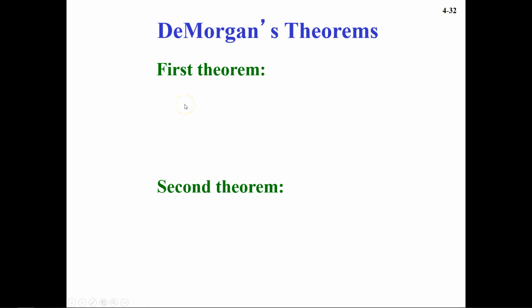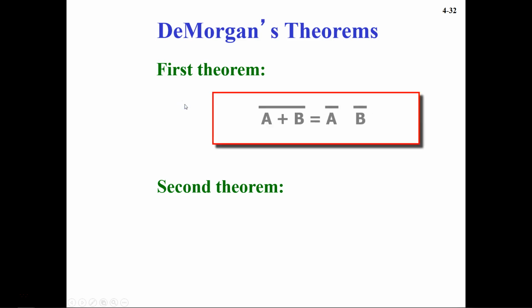So let's see what the first theorem says. The first theorem says if you have A plus B whole bar, then you can write it as A bar dot B bar. So these two are equivalent. For example, if you have C plus D whole bar, then that will be equivalent to C bar dot D bar. So this is the first theorem.